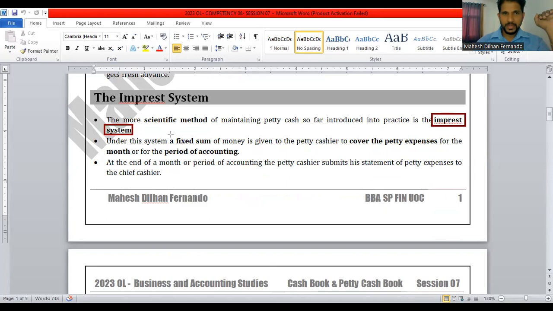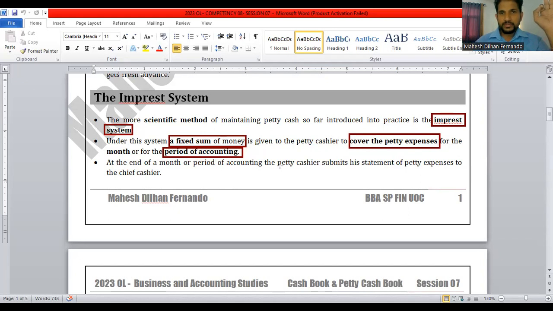Under this system, a fixed sum of money is given to the petty cashier to cover the petty cash expenses for the month or for the period of accounting. A fixed sum of money is provided, and at the end of a month or accounting period, the petty cashier submits his statement of petty cash expenses to the chief cashier.